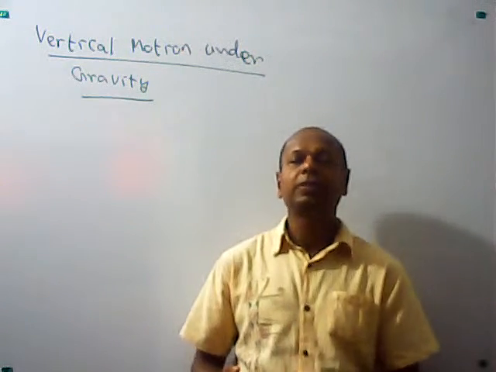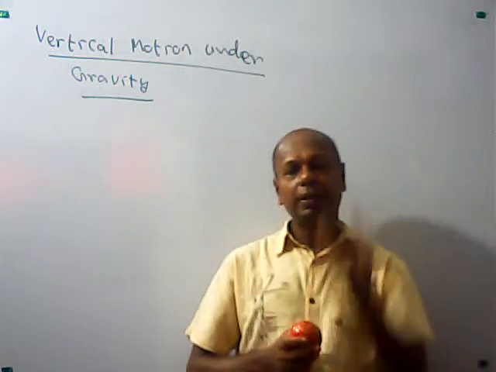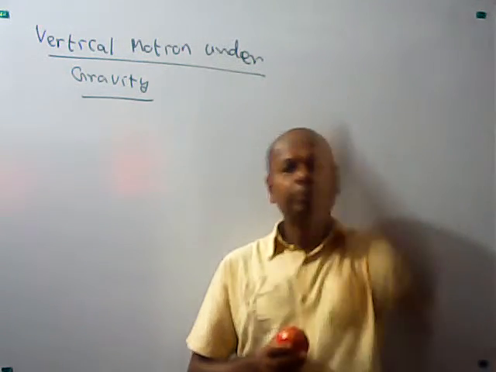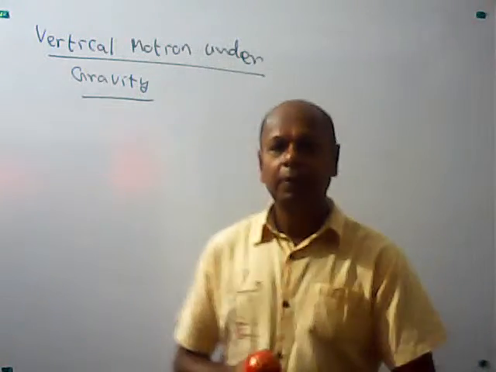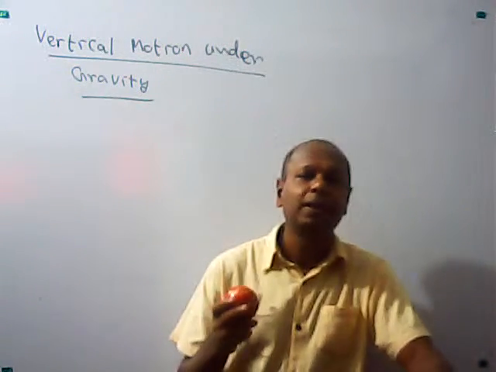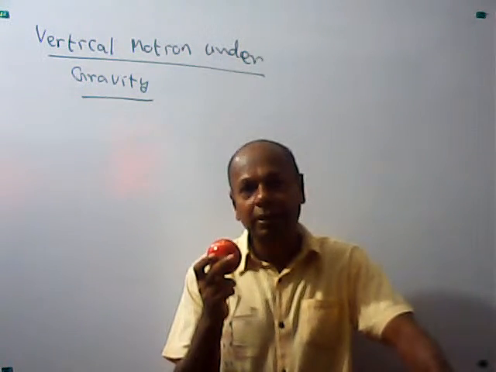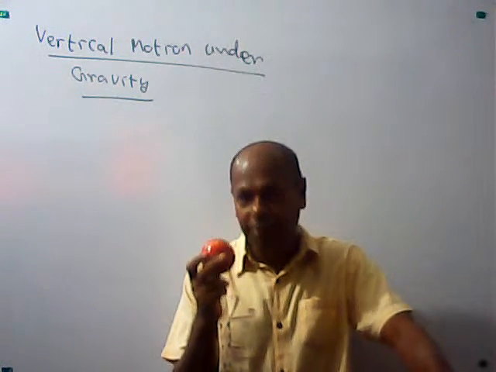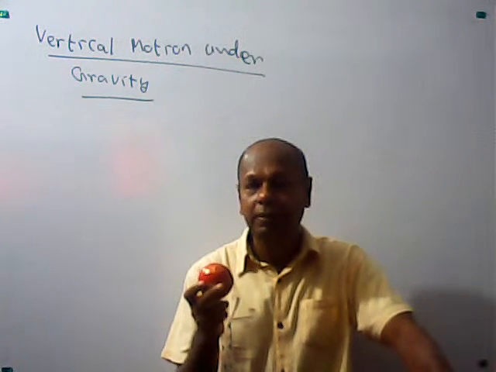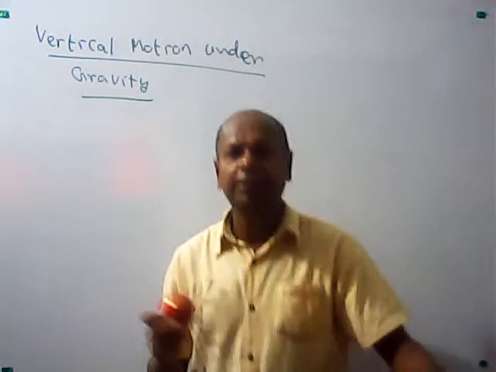You give some velocity upwards, then it gradually reduces the velocity. That means there's something pulling it down. That's what Newton explains as the gravitational attraction. This is due to the gravitational attraction.